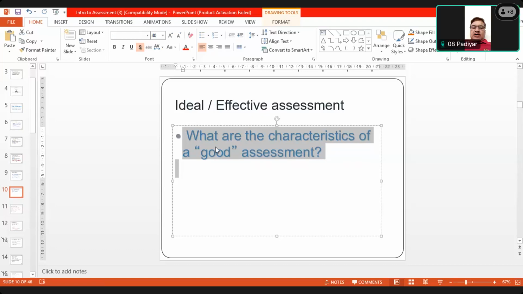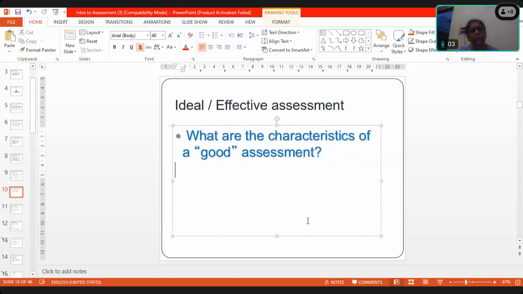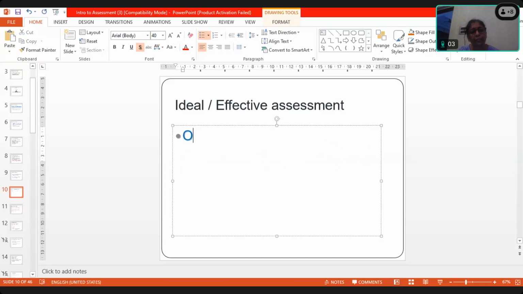It has to be objective. Objective, okay. It has to be unbiased and should identify both the strength and lacuna. Objective, unbiased, then should identify both the strength and the lacuna.